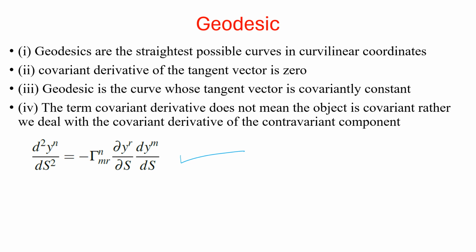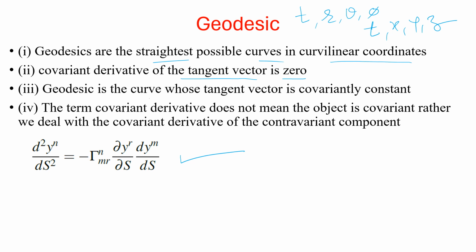The properties of a geodesic: they are the straightest possible curves in the curvilinear coordinates of space and time, or you can say t, r, theta, phi in spherical coordinates. The covariant derivative of a tangent vector is always 0.